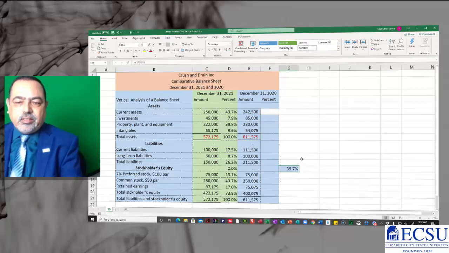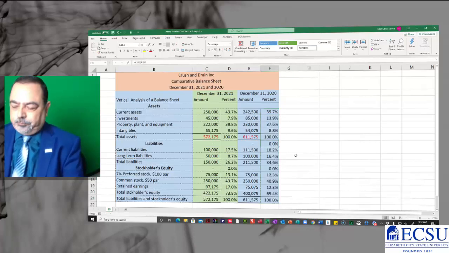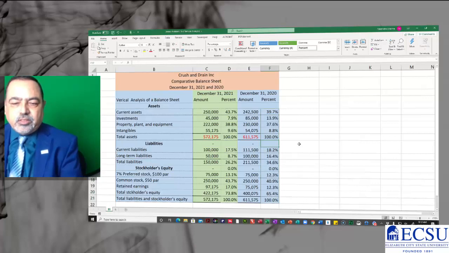You drag it down this way, then you remove the percentages that you don't need, since these rows don't have any line figures, so we don't need the percentages for them. So that's how we do the vertical analysis of the balance sheet.